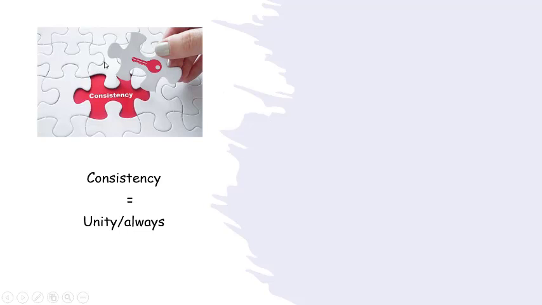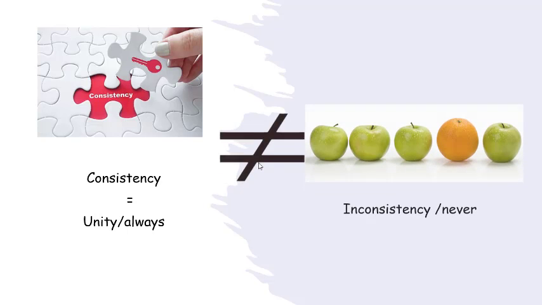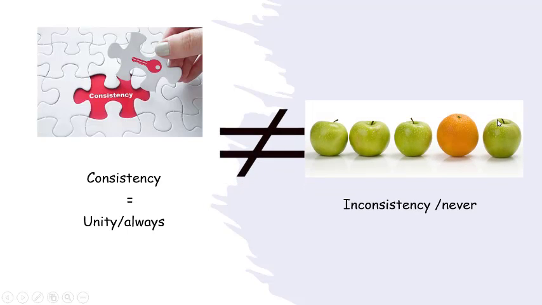Here in the picture, there is consistency in the pieces of the puzzle. They are not literally the same, but there is unity between them. But in this picture, there is inconsistency. There is an orange in the middle of the apples. So the antonym of consistency is inconsistency and never. Never is the simplest antonym of consistency.